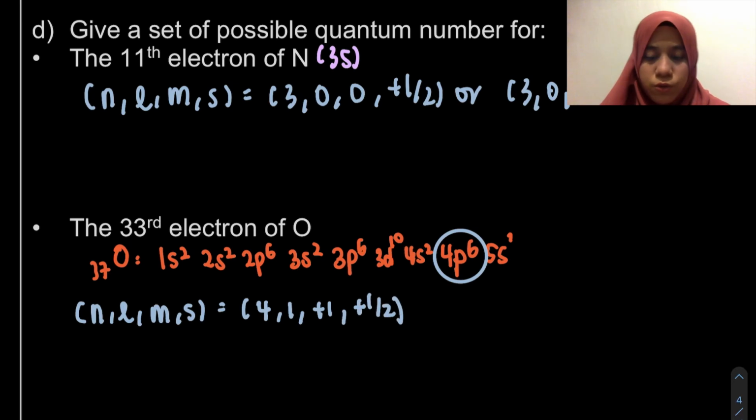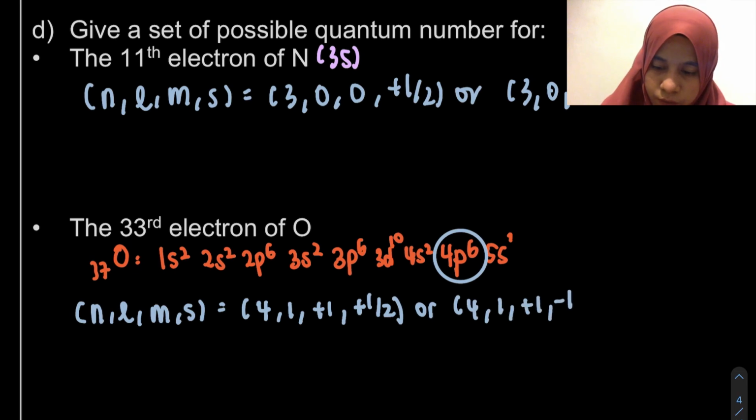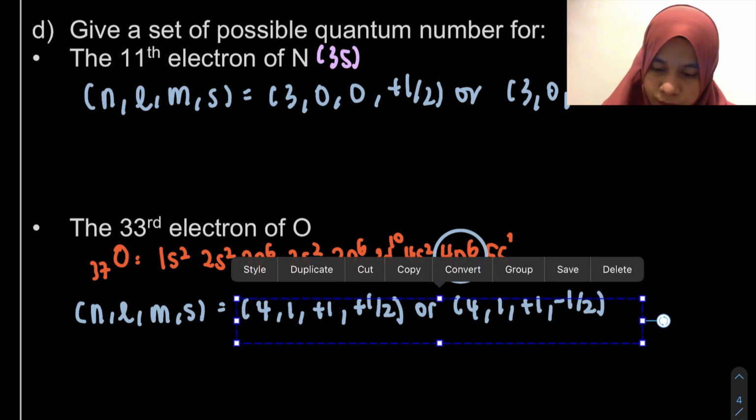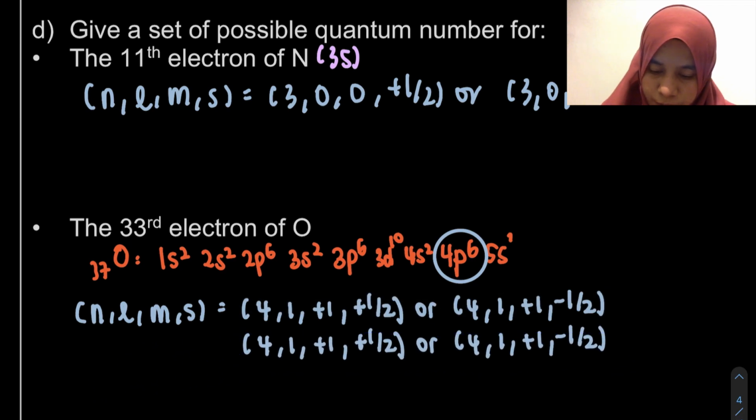Tapi, boleh juga, contohnya kalau kamu nak buat. So, okay, I'm going to write down all lah. Supaya senang. It could also be written down as 4, 1, negative 1, positive 1, negative half. Apa lagi yang boleh? Sebab ada 4, ada 6 possibility kan? So, yang ini Miss nak buat when M tu equal to 0.